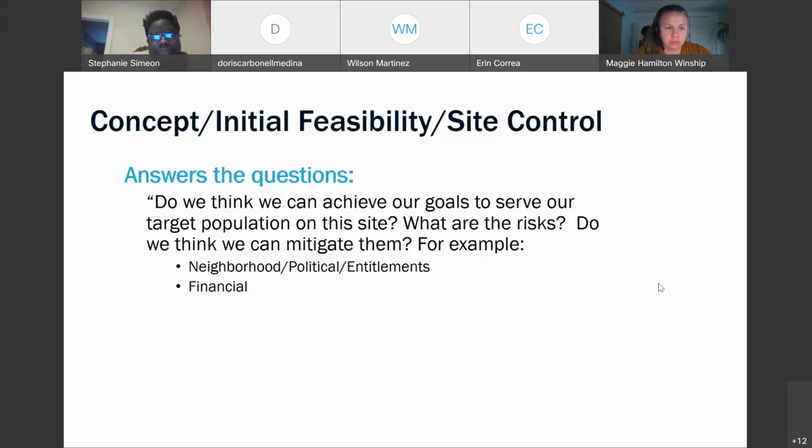You've got to ask yourself, will we be able to meet the needs that we've identified at this site? If the answer is no, that doesn't mean this project is over. It means you might need to put your thinking caps back on.